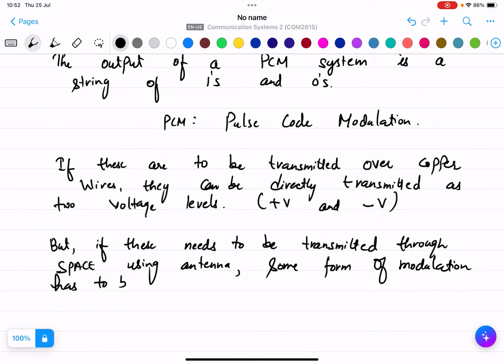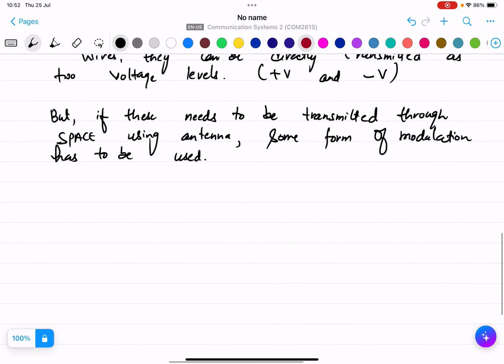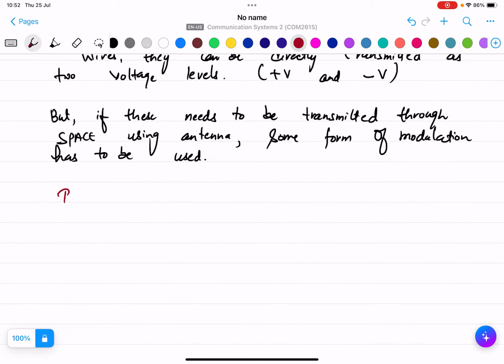So there are different forms of modulation techniques. These modulation techniques are what we are going to study in this chapter.